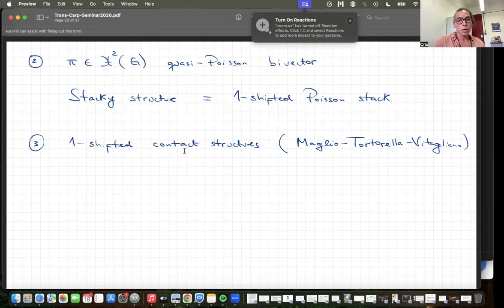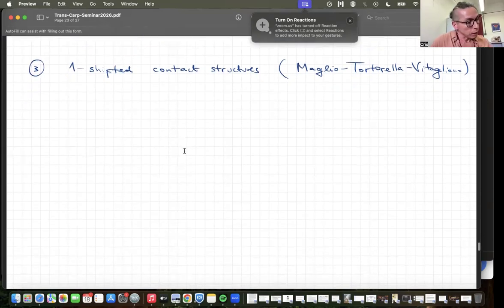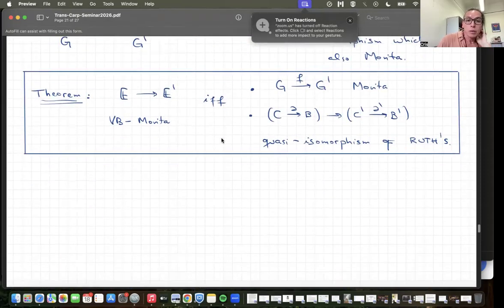They use part of our work to understand these new structures on groupoids. So these are some examples that one can understand because of this theorem that we proved.